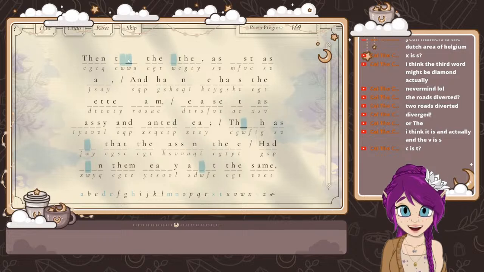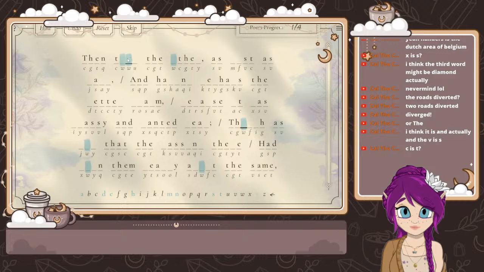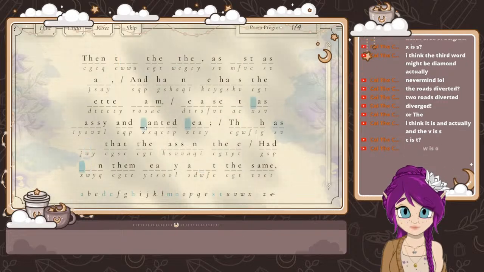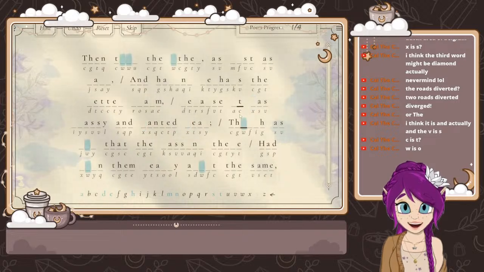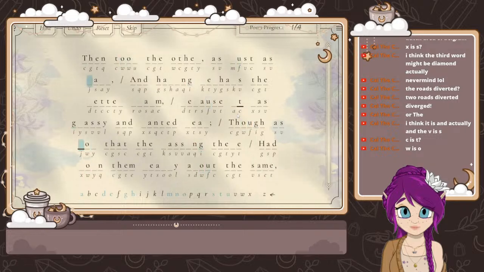Then T, E, no. Tell. Though. I think this is though. Though as glassy.